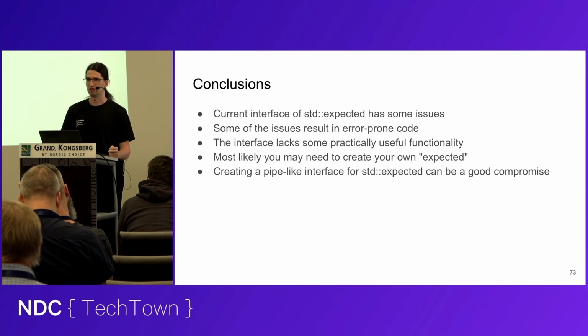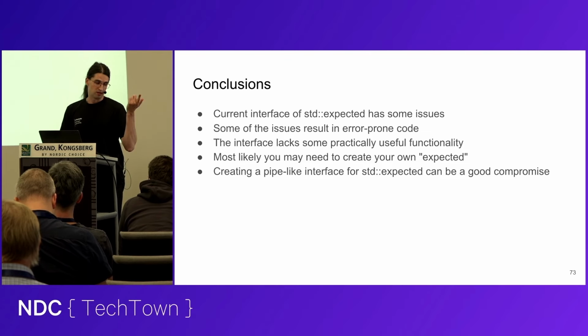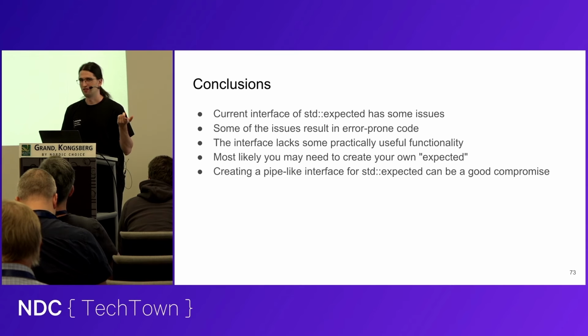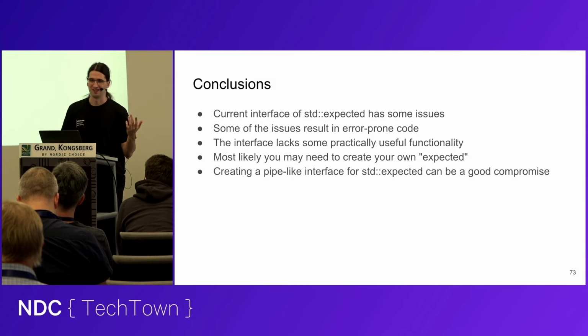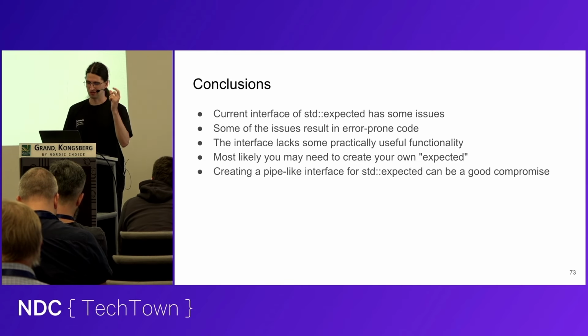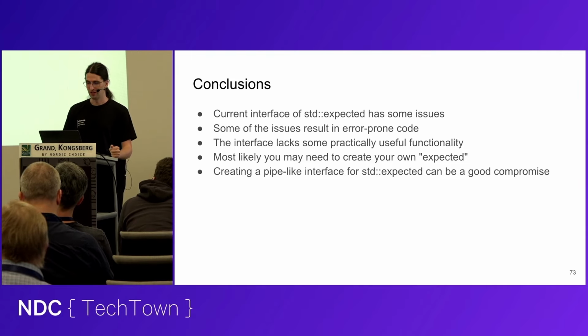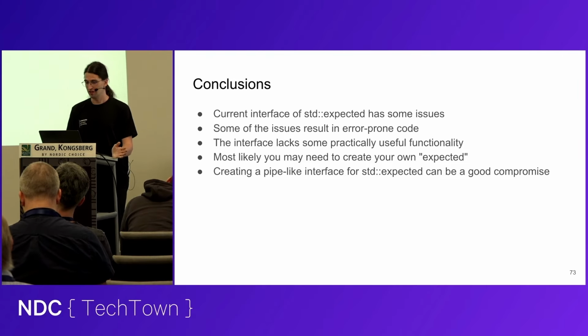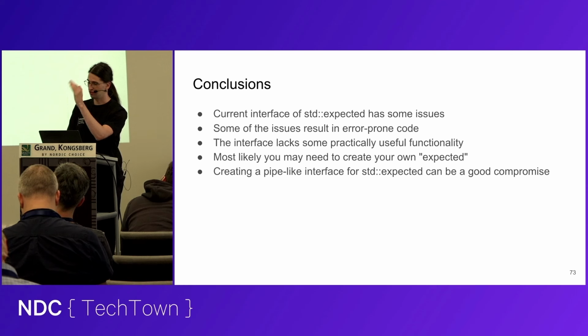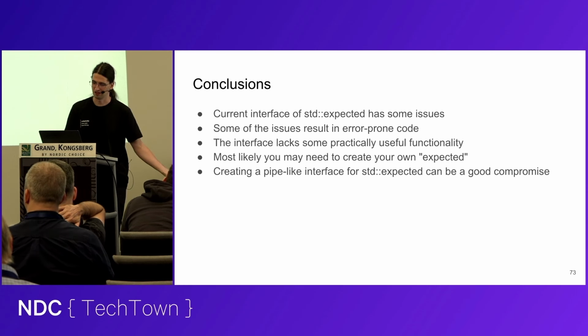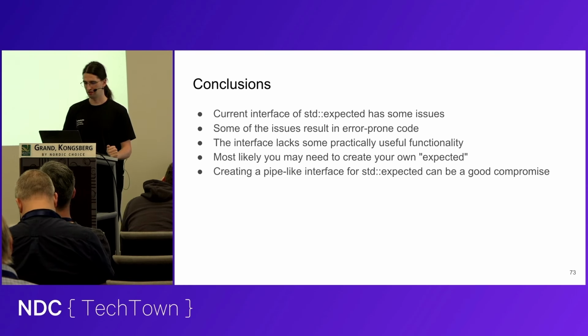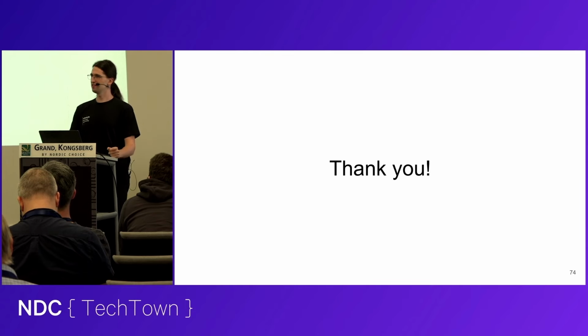Because apparently even if you create your own expected context, some of the operations might not be supported, say, by std::variant in some of the toolchains you have. So you might need to use a union under the hood or whatever. And creating a pipe-like interface for standard expected can be a good alternative for it, which is absolutely nice. And with that, I strongly believe that was my last slide.